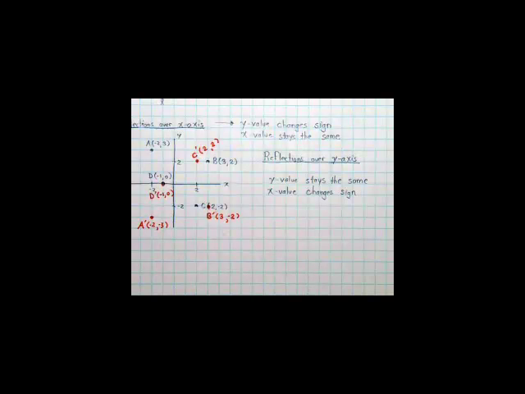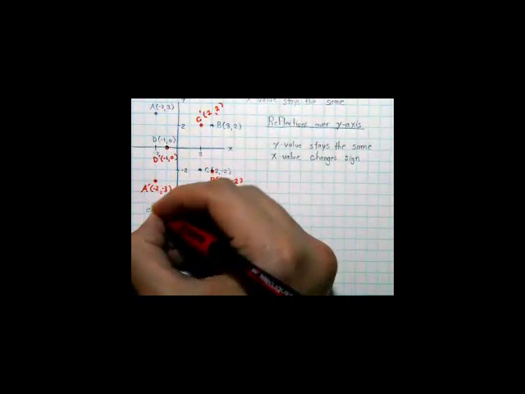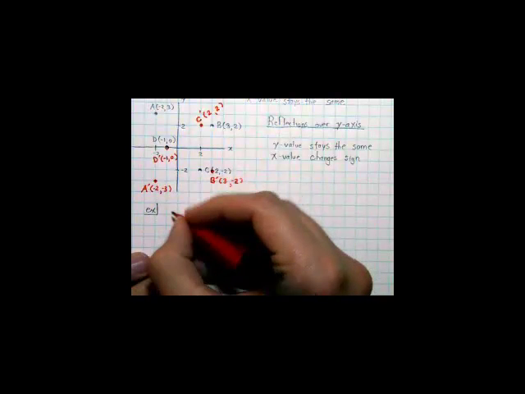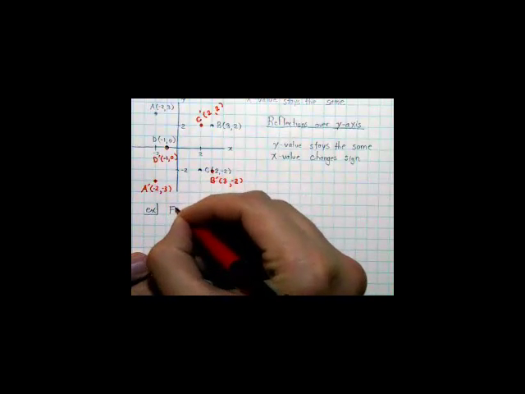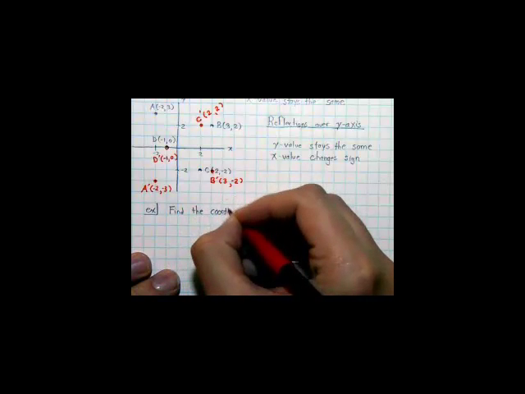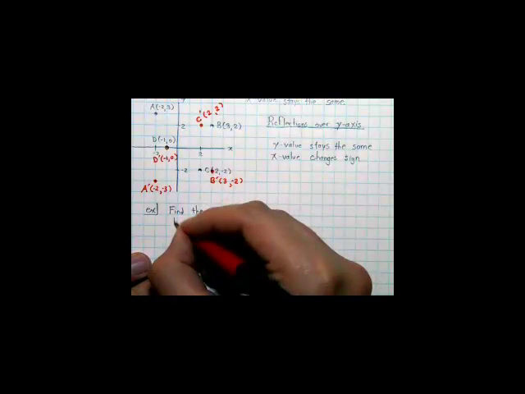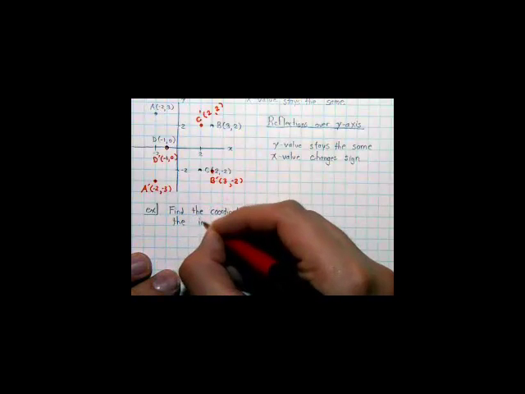Okay? So let's try a few of these. I'm just going to give you some points, tell you an axis that it's going to be reflected over, and see if you can just quickly give me the answer without having to look at it or draw it or anything like that. Okay? So for each of these, you're going to find the coordinates of the image.